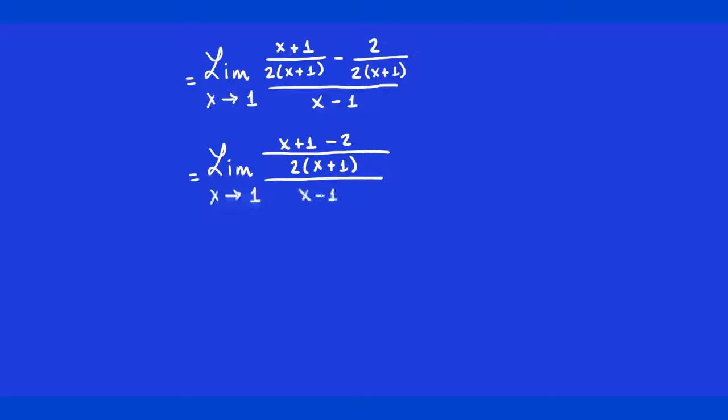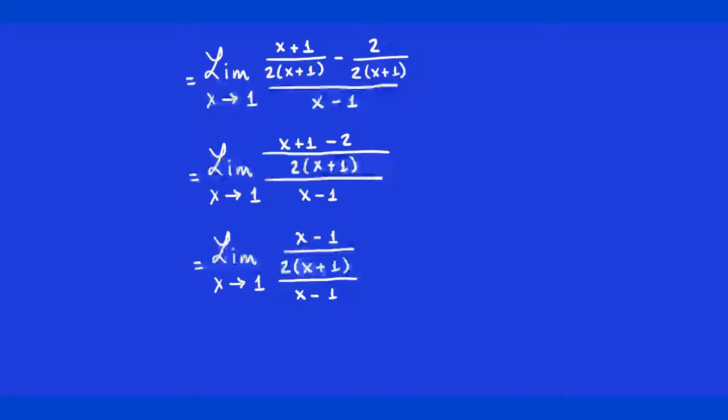Now of course we simplify something here. This x plus 1 minus 2, we can rewrite it, and then we get to this expression: x minus 1 over 2 times x plus 1, and this would be again over this x minus 1.